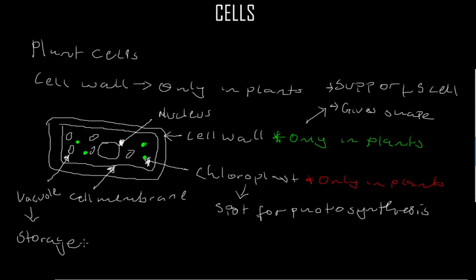Okay? So these are the basic parts of a plant cell that you need to know. If you have any question, feel free to ask us, and we can move on to an animal cell.